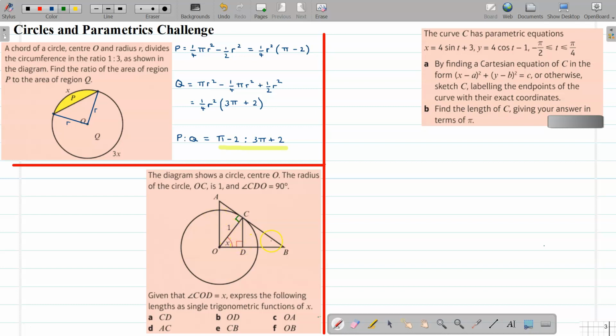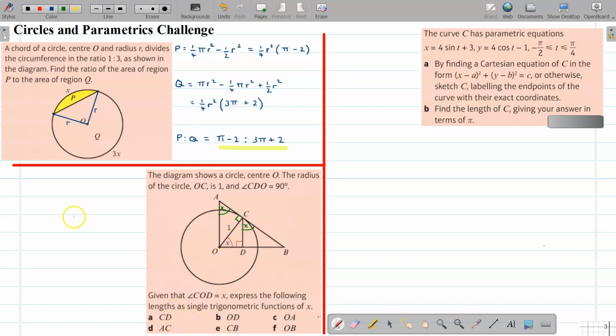That makes lots of triangles that are similar to each other. If this is x, this is also x up here. And we can also see that this would be x in here as well. Okay, so that's going to help us with these various right angle triangles that we've created.